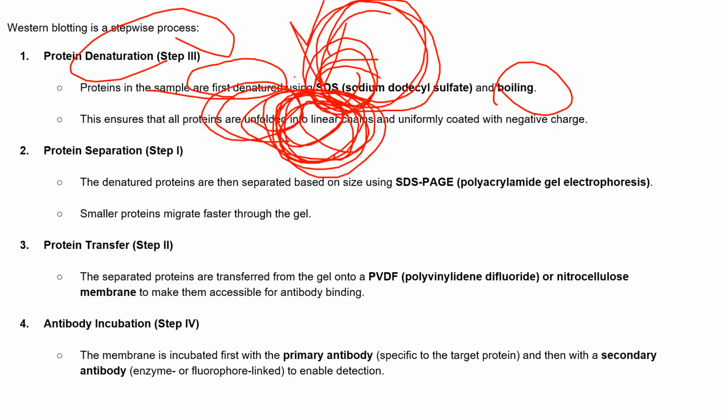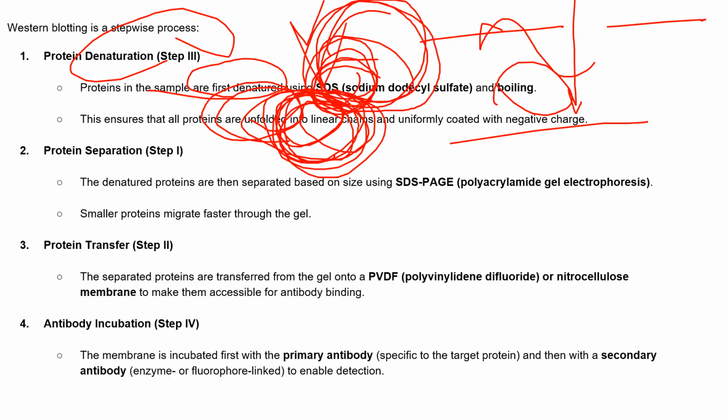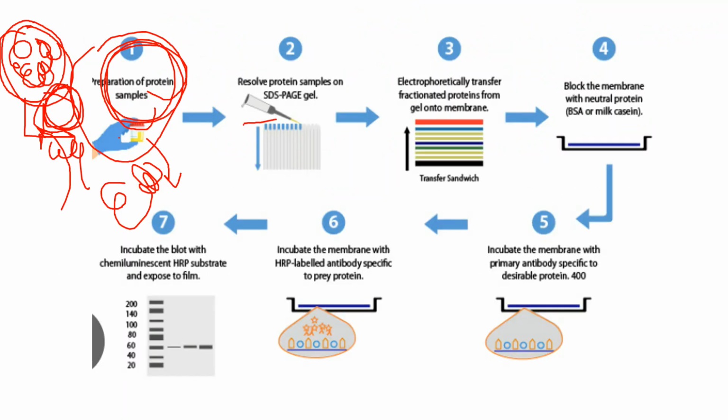So that SDS gives a negative charge to all the proteins. This is a very important step, as all the peptides are different, but we have to give them the same charge, otherwise they will not move according to the molecular weight. For that we first give this SDS. After that, in the second step, we load this sample into the well.